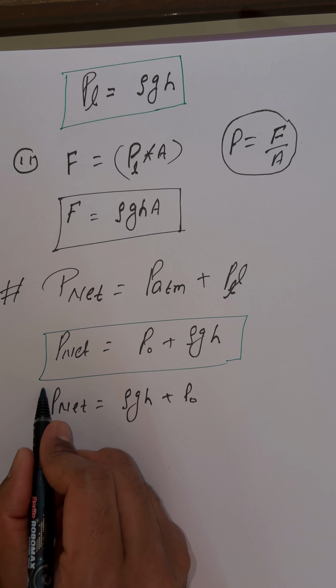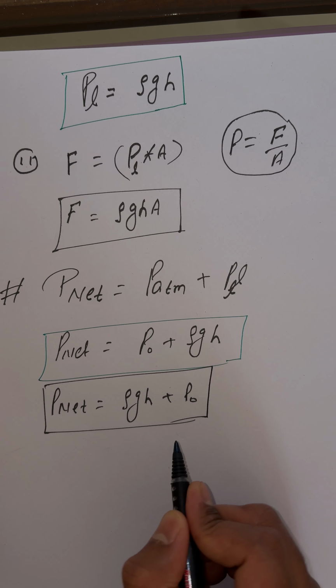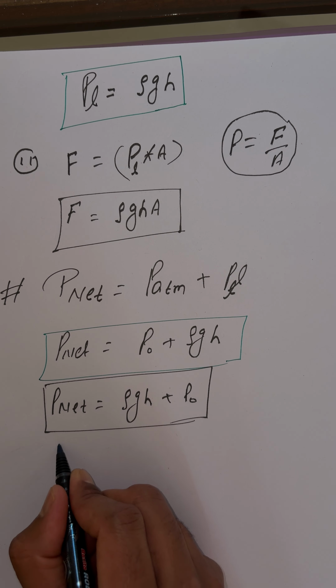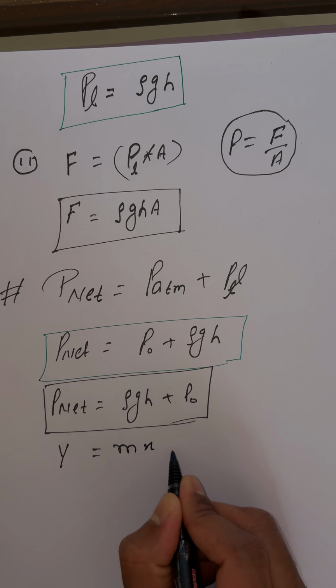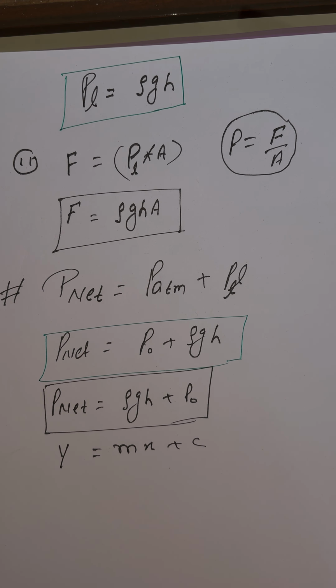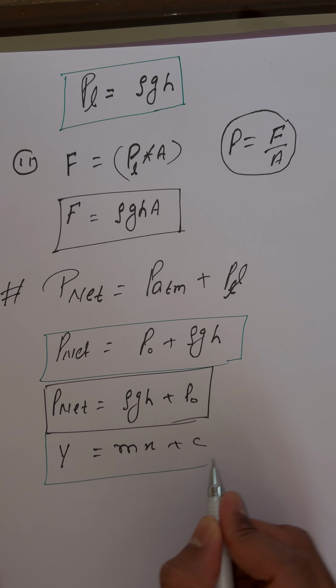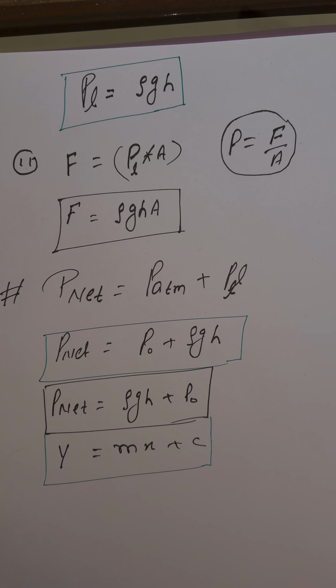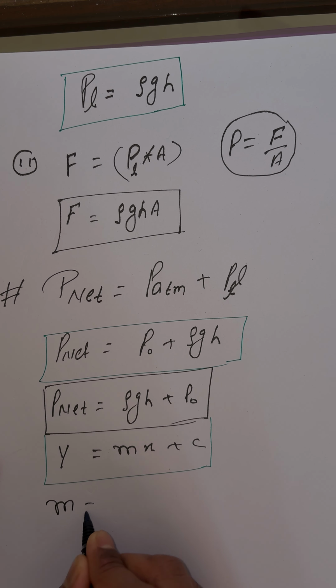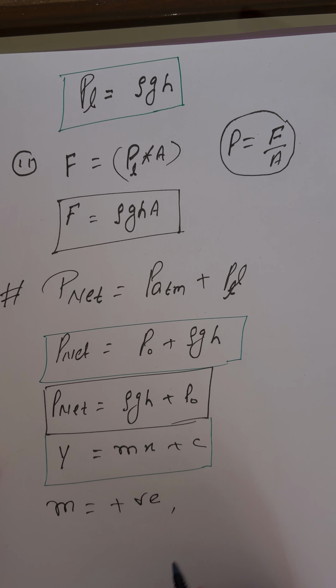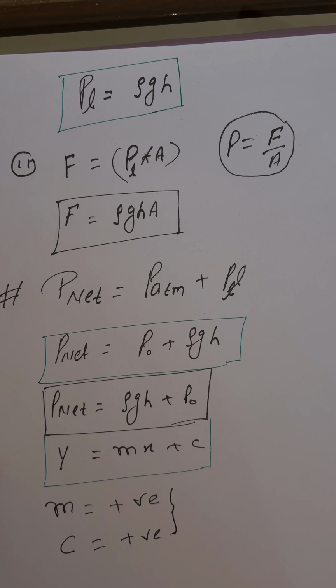Now, students, this expression you can connect from mathematics, that is y is equal to mx plus c. These two look similar. So what is y? It's the pressure. So here, you can say slope is positive, intercept is also positive, both are positive.